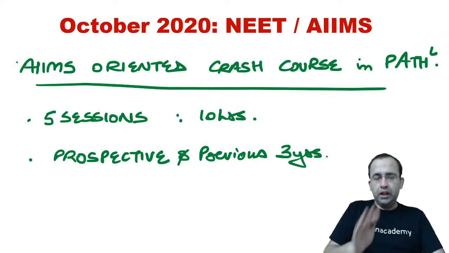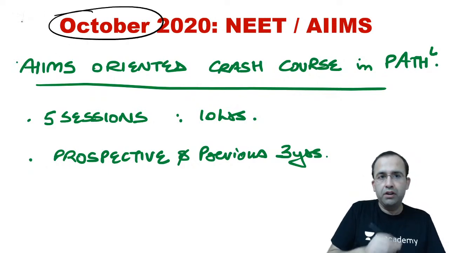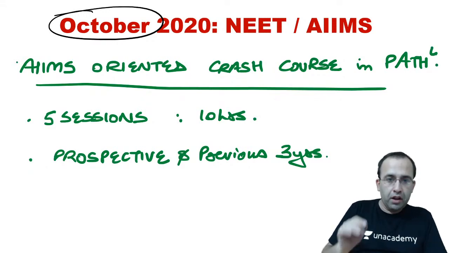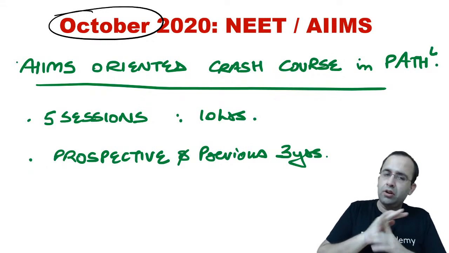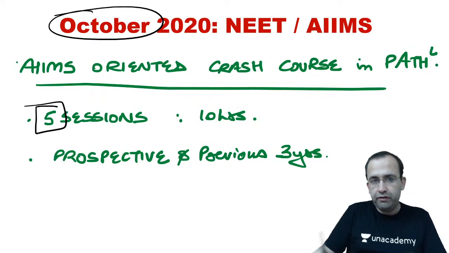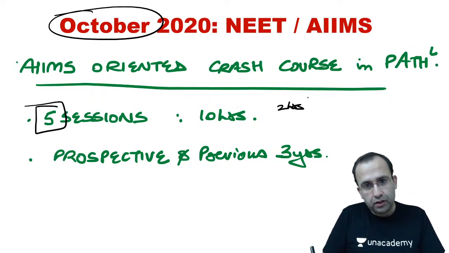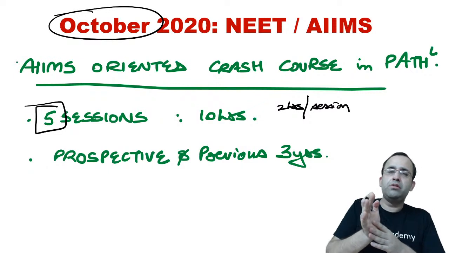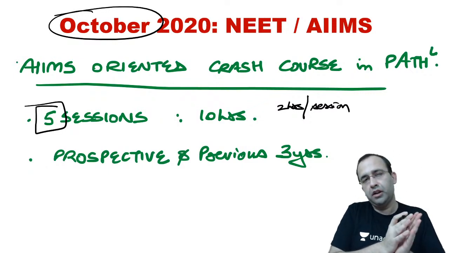Next point. In this month, that is in October, you very well know that the November AIIMS dates are out. An AIIMS oriented crash course, again complimentary for everybody, with respect to pathology will be there. I'll be doing 5 sessions, 2 hours per session, in which the previous 3 years' questions and prospective questions will be taken care of.